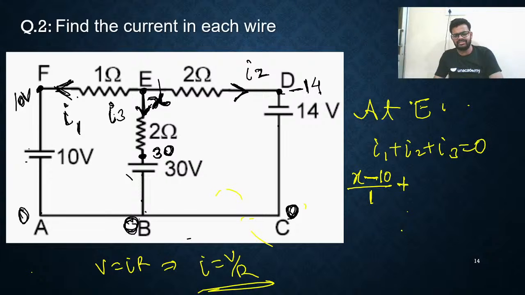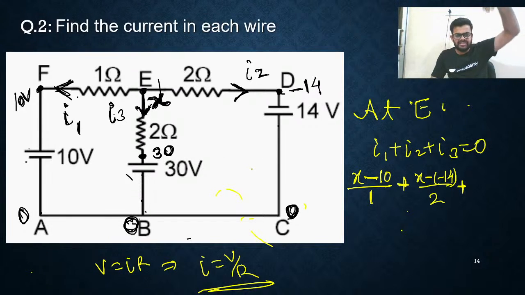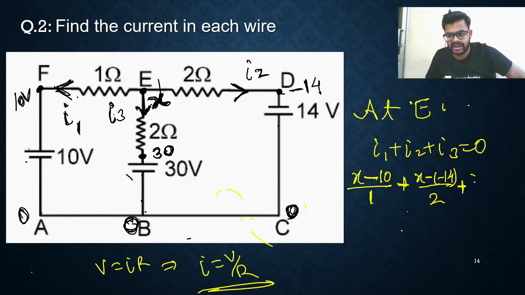Next I2. I2 means this ED branch. Here you can write potential X minus of minus 14 divided by resistance 2 ohm. Next, my dear, the third one: the branch is EB. In the EB branch, current is going downward away from the junction, so you will write X here.